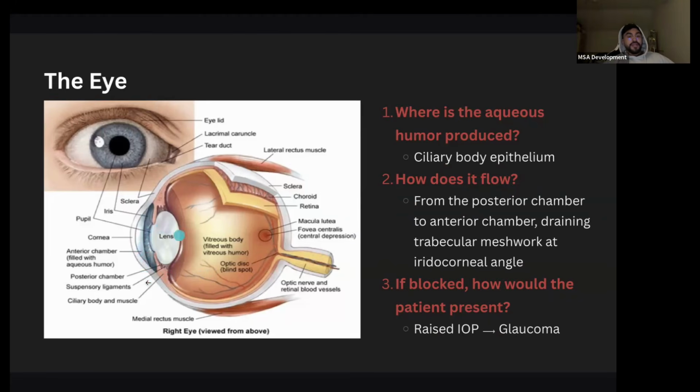And it drains through the trabecular meshwork right here at the iridocorneal angle. Now, I don't want you to remember this, but what I want you to remember is that the aqueous humor is produced by the ciliary body, and if there's a blockage from the posterior to the anterior chamber, the patient's going to have an increased intraocular pressure. And this could lead to glaucoma. Okay, very important.